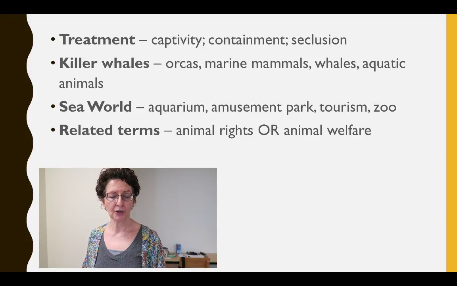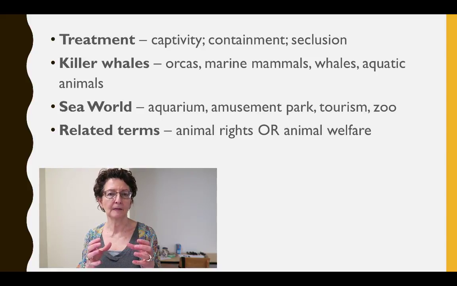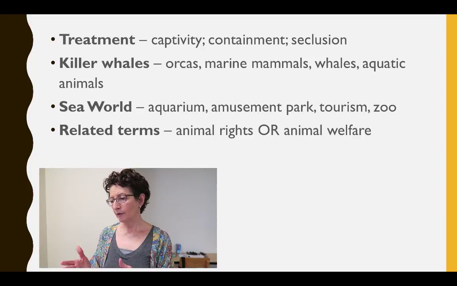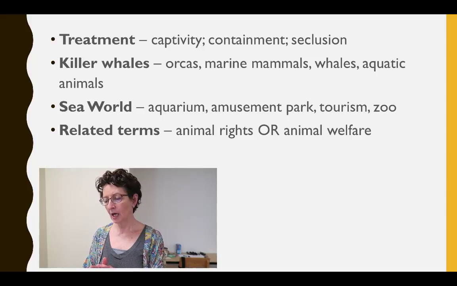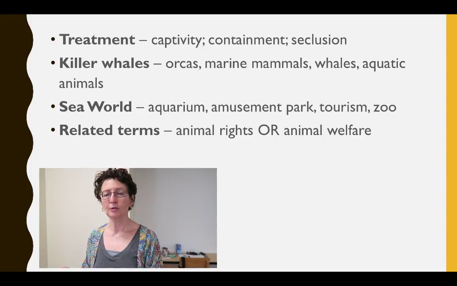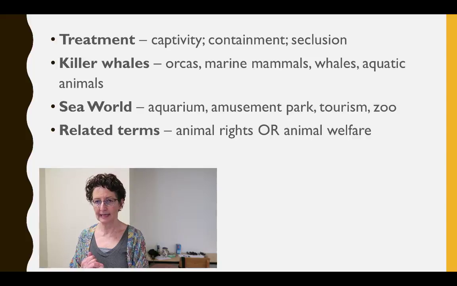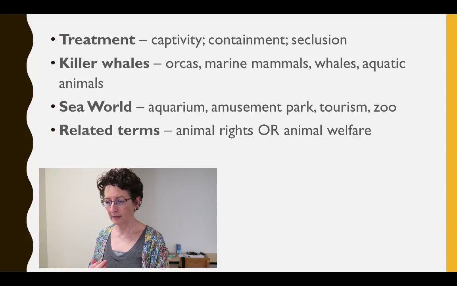So those related terms sort of frame the perspective that we are searching for information on the treatment of killer whales at SeaWorld. So for treatment, the first keyword, some related terms for treatment are captivity, containment, seclusion. So these are all potential words that we will put into the library's databases to search on them.